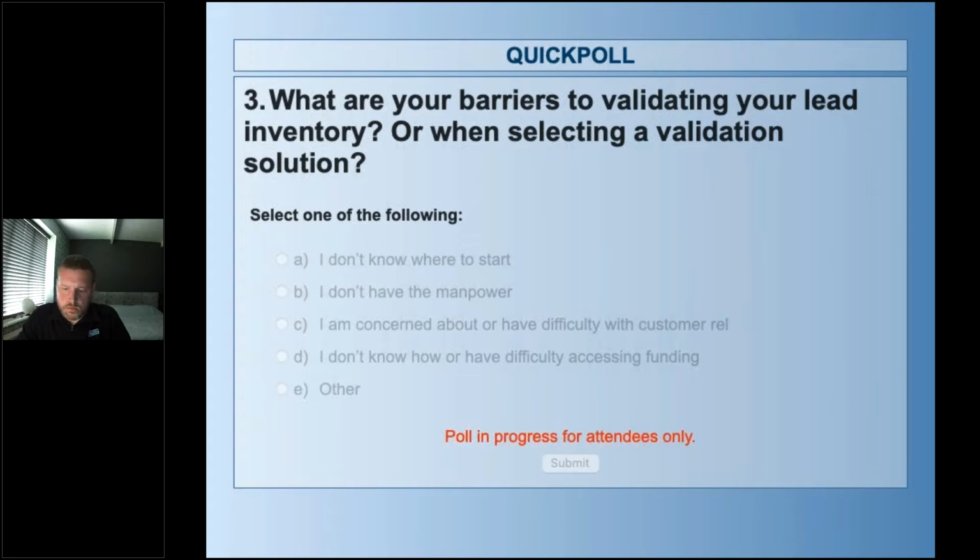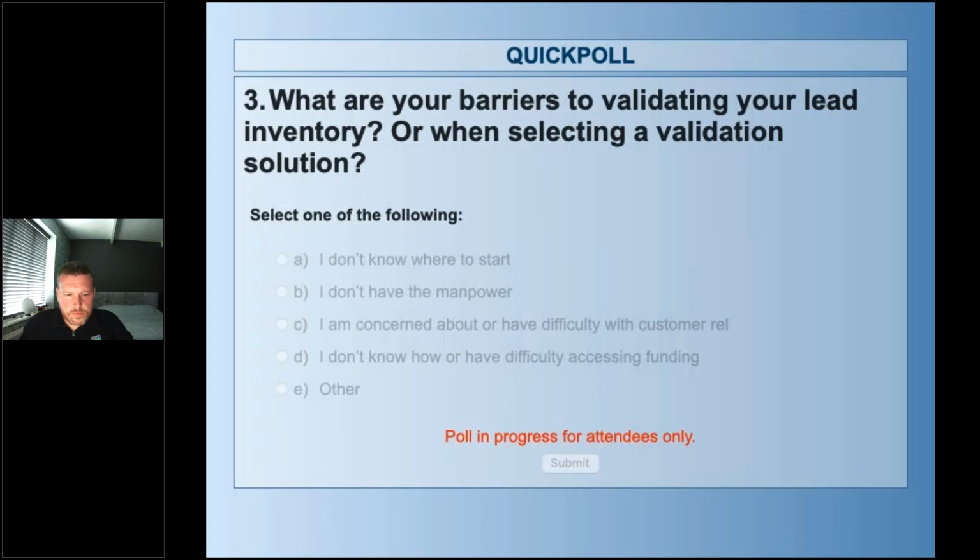D, I don't know how or have difficulty accessing funding, or E, other. So those are the choices in front of you on screen as we quickly pause for this poll. And go ahead and let us know, and I will let our audience know the splits when we see our answers.